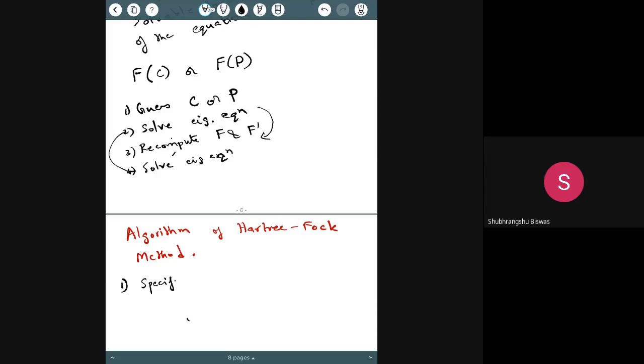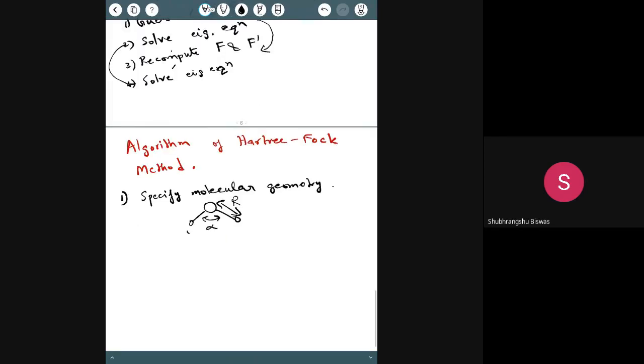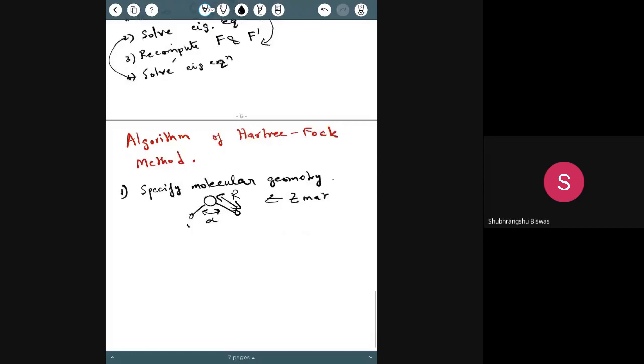So specify the molecular geometry. Let's say if it is water, then I need to specify the bond length and the bond angle, R and alpha. If you do it like this in terms of bond lengths and bond angles, it is called the Z matrix representation.